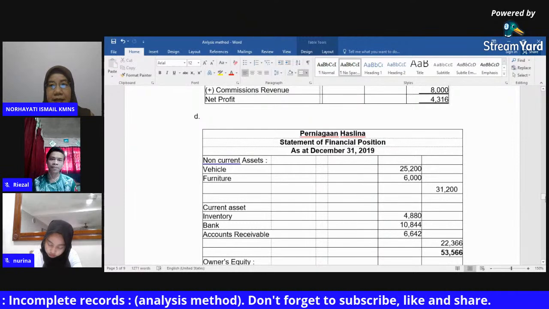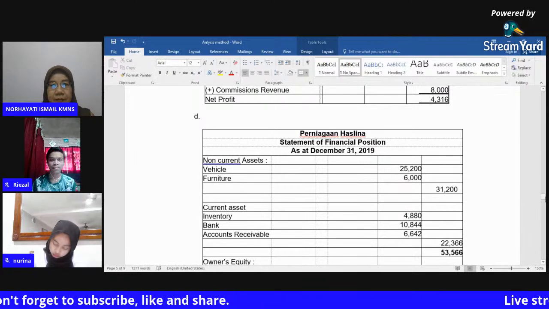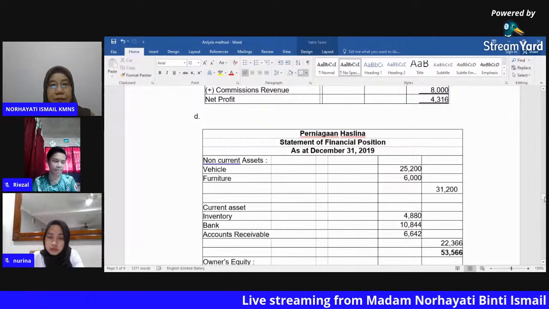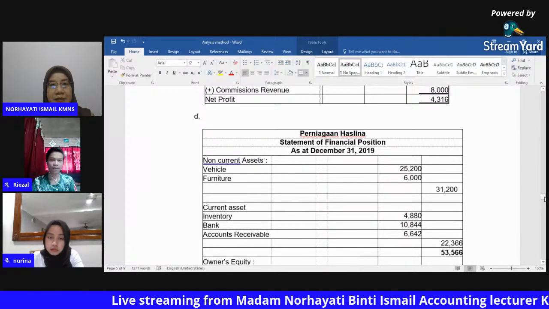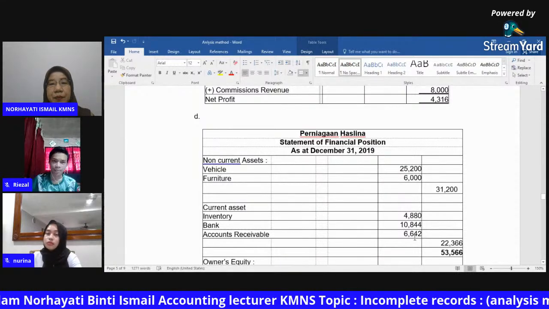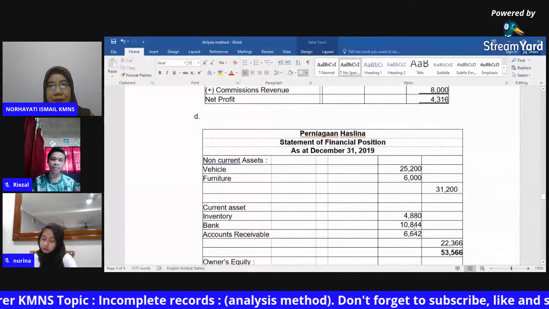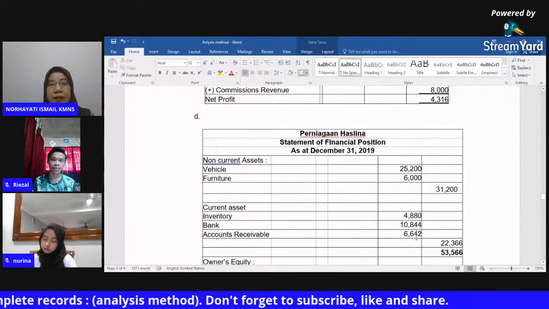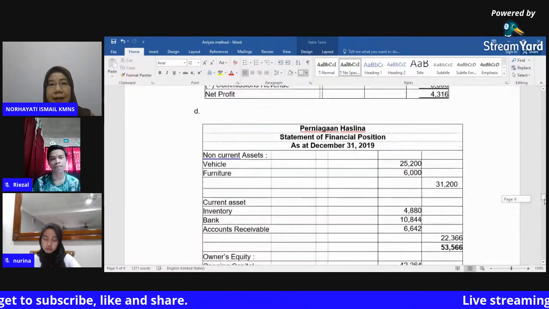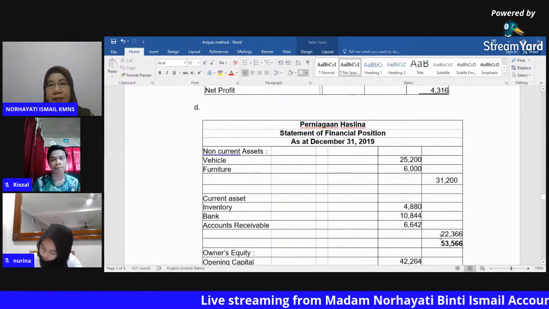And for current asset, inventory 4,880. Bank, we have calculated just now using the formula balance beginning plus receipt less payment, you got ending balance 8,844, and account receivable you get the ending balance from the question 6,642, and the total for current asset is 22,366.